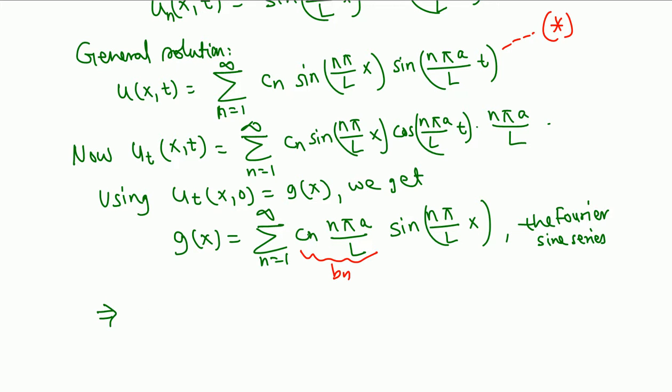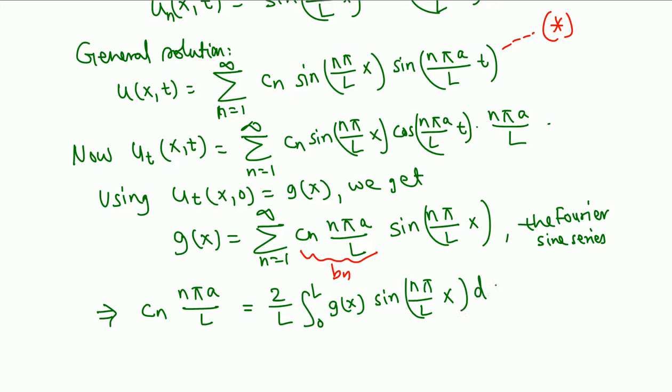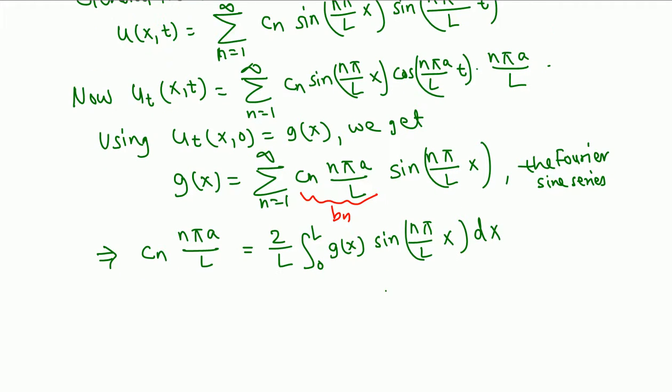This implies the constants B_n, in our case c_n n pi a over L, are given by 2 over L times the definite integral from 0 to L of g(x) sine of n pi over L x dx. From this we can find the values of c_n's.